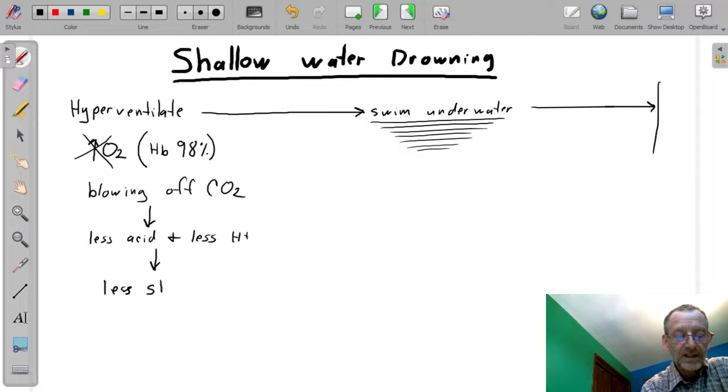less stimulation of the central chemoreceptors. Remember, that's 70% of our drive. Well, we just turned them off. Central chemoreceptors. That's what was going on. So we just reduced our drive, the drive to breathe.